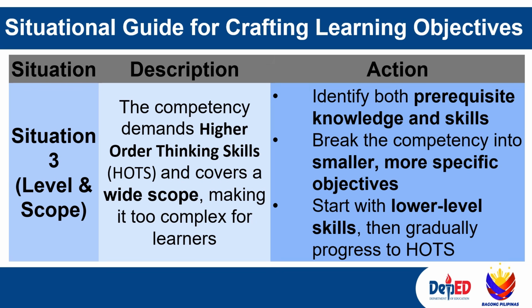Okay. Situation number 3. The competency demands higher order thinking skills and covers a wide scope, making it too complex for learners. What is our action? We are to identify both the prerequisite knowledge, that's the content, and skills, the doable, what the learners can do, and what the learners should know.